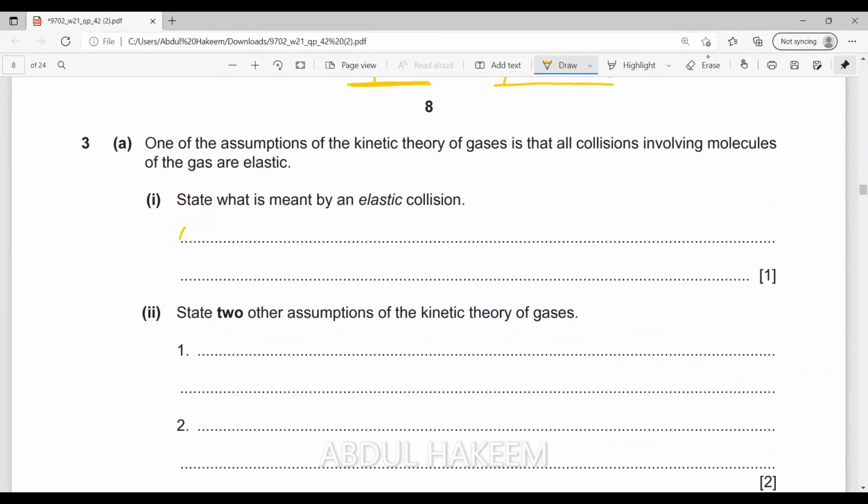A collision in which the total kinetic energy before collision is exactly equal to the total kinetic energy after collision.